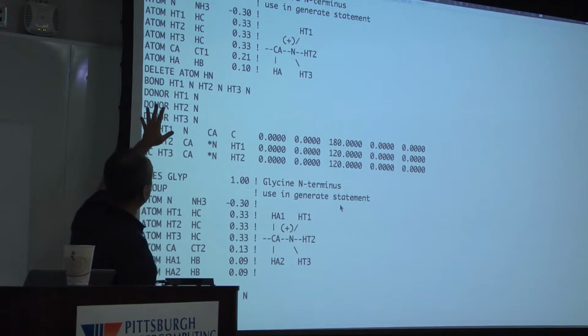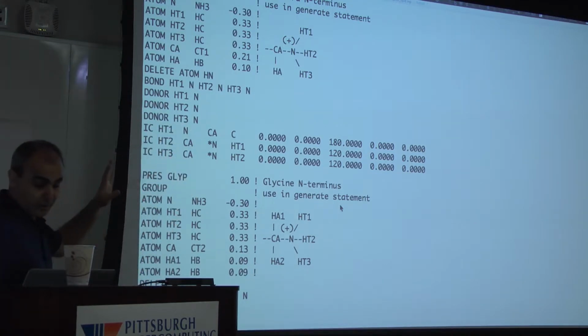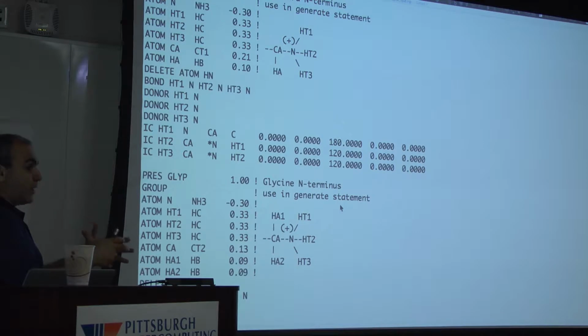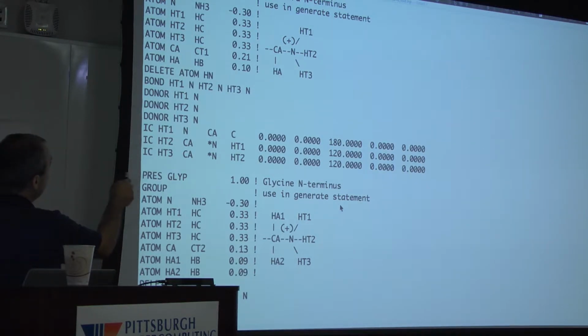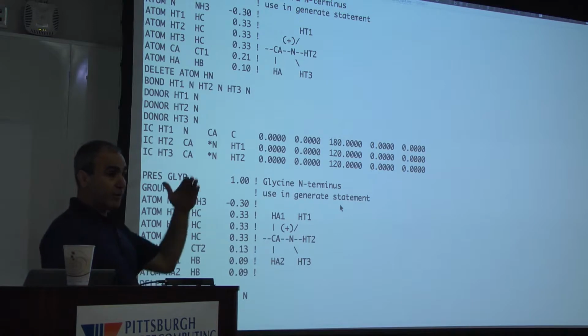Then you come in and use these patch residue commands. So what they do, exactly what I say, post-translational modification, they go in and work with an already existing residue and do modifications. So you have PRES, NTER, that's what is added to your protein by default at the first residue.